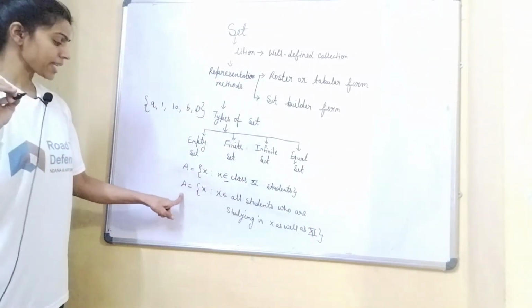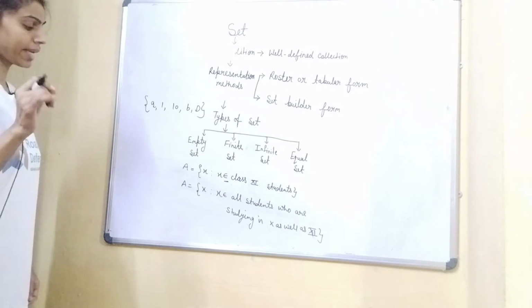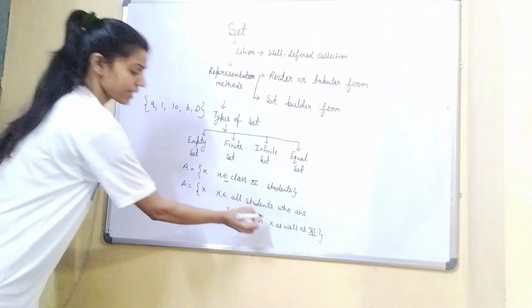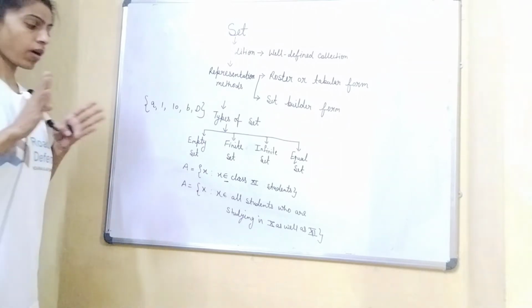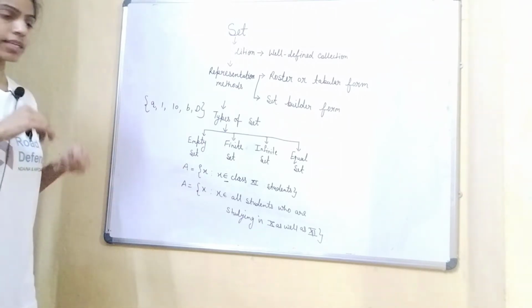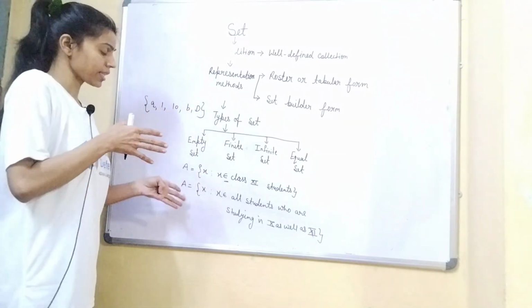So A is a set, x is belonging to all the students who are studying in 10th क्लास एज वेल एज 9th क्लास, मतलब जो स्टूडेंट्स 10th में भी पढ़ते हैं और 9th में भी पढ़ते हैं, दोनों क्लासेस में पढ़ते हैं, राइट? वी हैव टू पुट ऑल द स्टूडेंट्स इन दिस सेट.